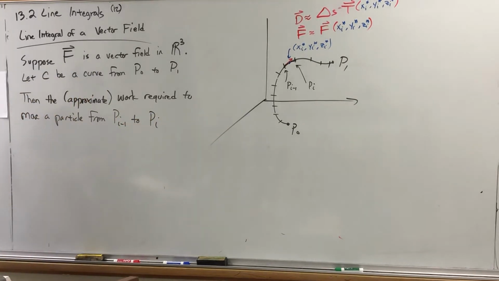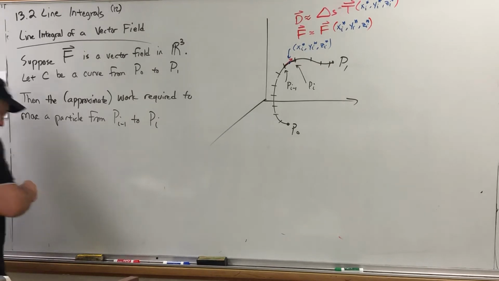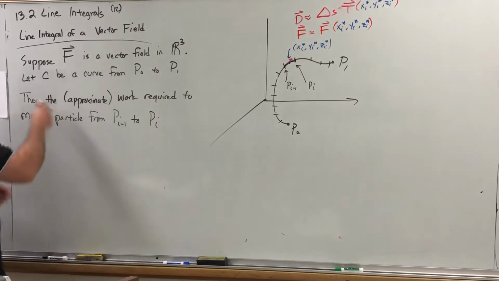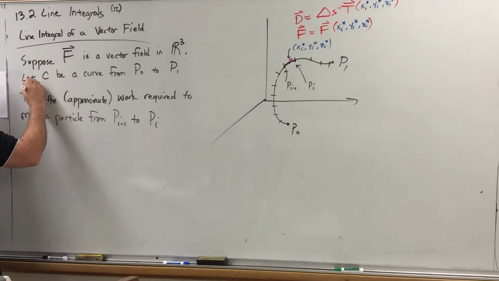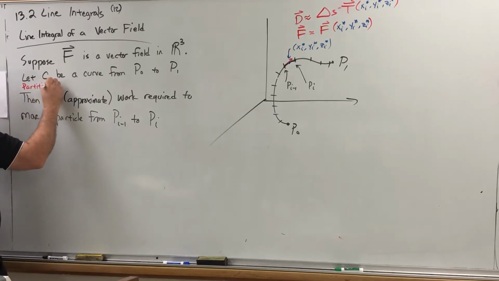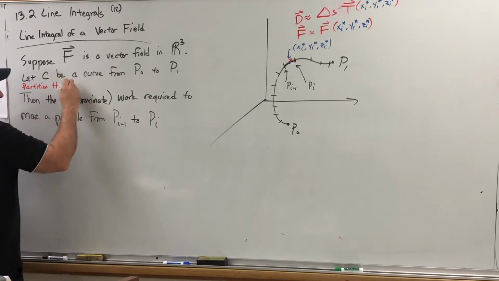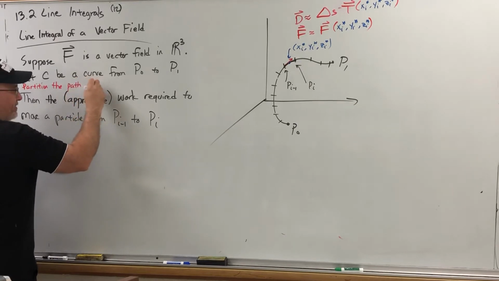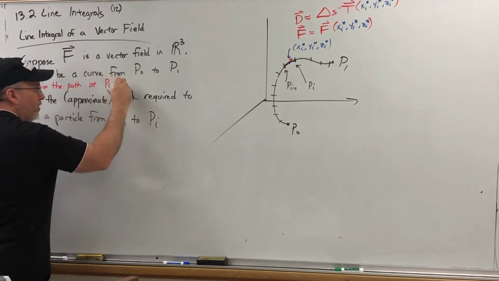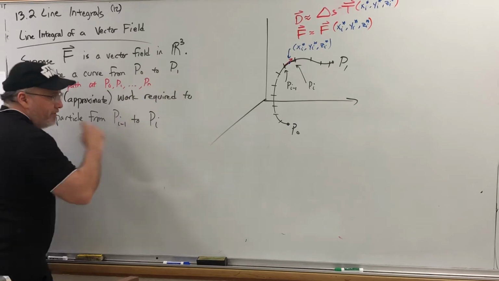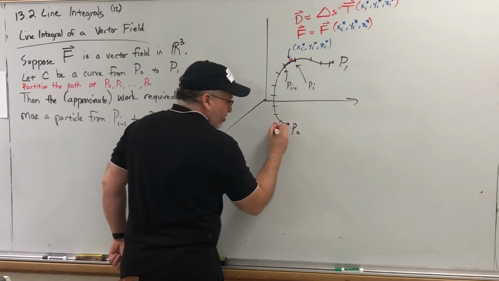I left out an important sentence, so I'm going to pause and fill that in. Partition the path at P0, P1, all the way to Pn. I didn't label all the points where we partitioned it.